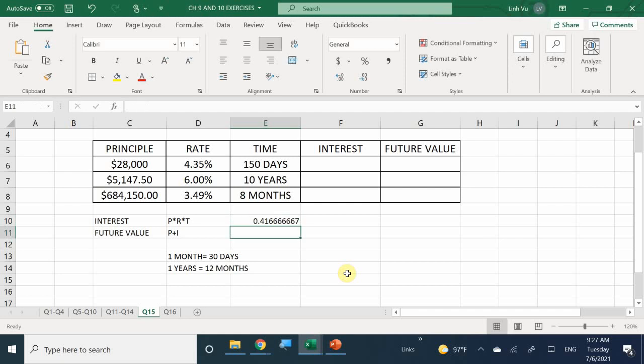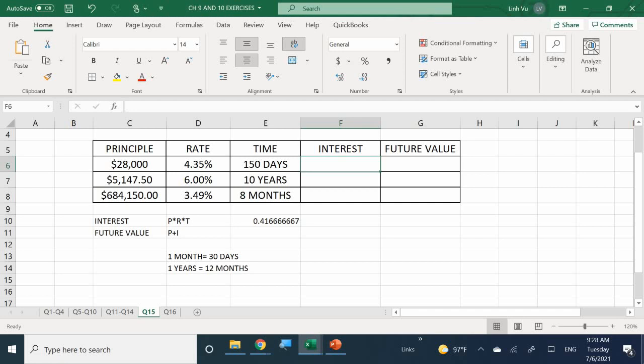So 0.4166667 is how much of one whole year it is, only about 40%, because I'm only doing 5 months. So how are we going to solve for the interest? I'm not doing a whole year, I'm only doing 5 months out of the year, 40% of the year.